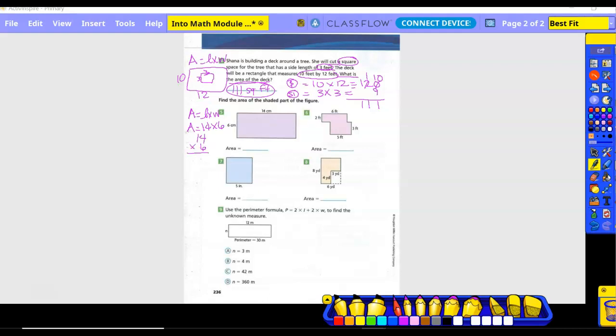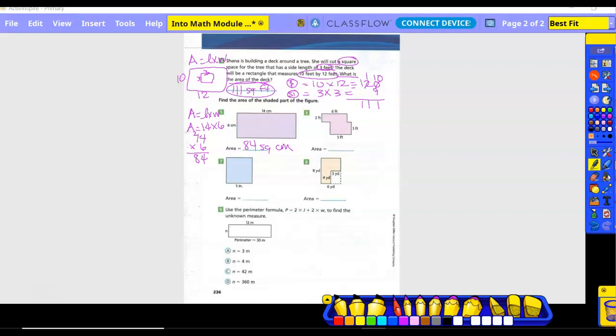So 6 times 4 is 24, put the 4, carry the 2. 6 times 1 is 6, plus 2 is 8, so 84 what? 84 square centimeters.